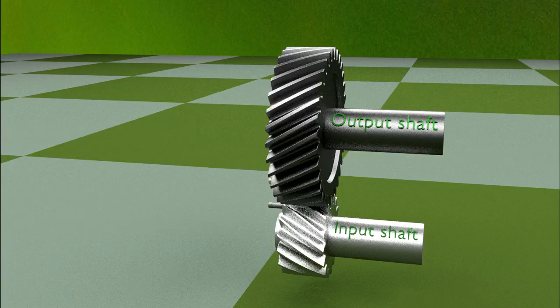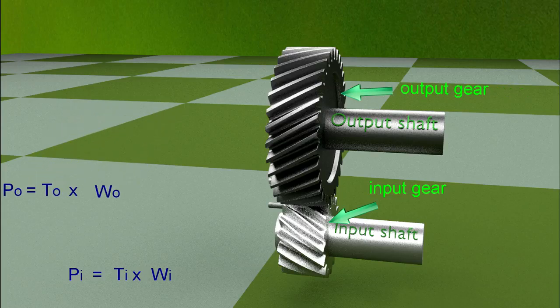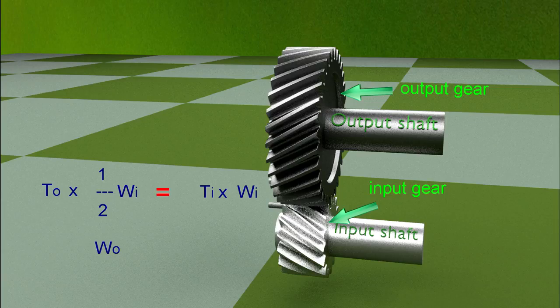The power input is given by input torque times the input gear rotational speed, and it must be equal to the output power, that is output torque times the rotational speed of the output gear. Since the rotational speed of the output gear is half of the input gear, the torque delivered by the output shaft will be double the input torque.